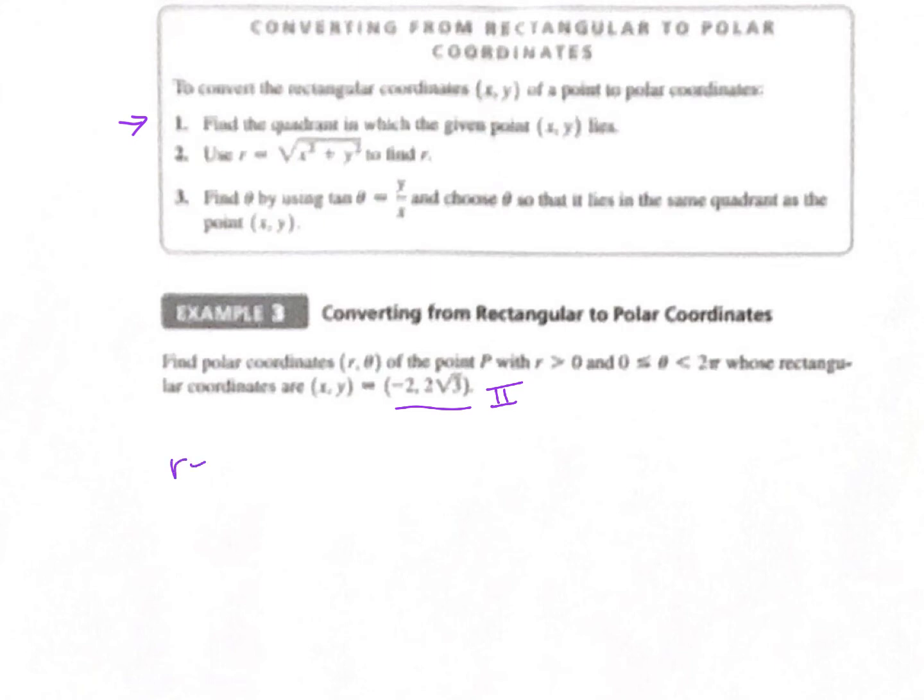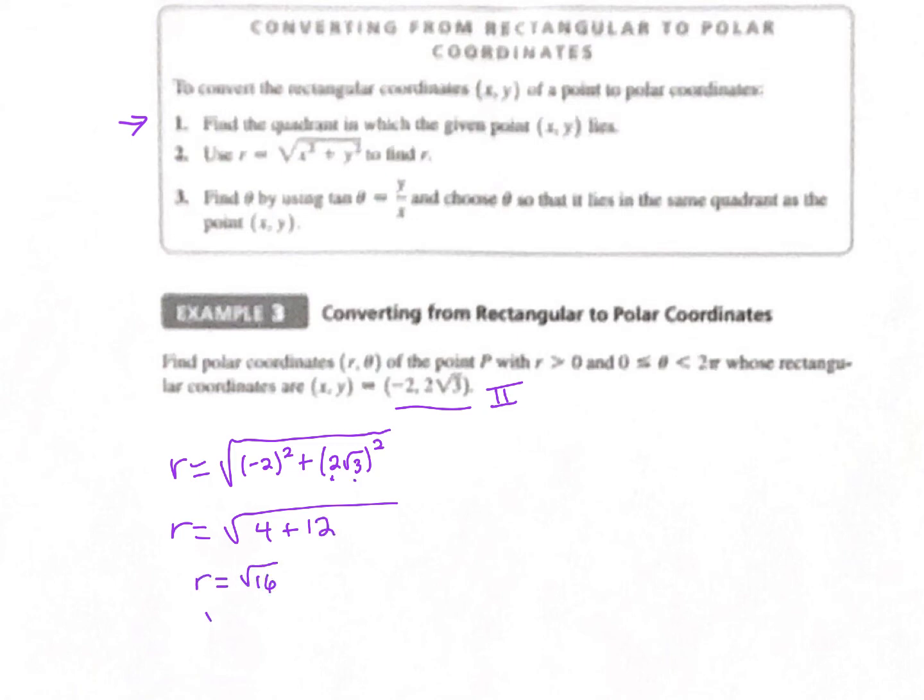In other words, use the Pythagorean theorem. So we do the square root of negative 2 squared, that's our x, plus y squared, so 2 root 3 squared. Negative 2 squared is 4, plus 4 times 3, which is 12. So we get r is the square root of 16. In other words, r is 4.